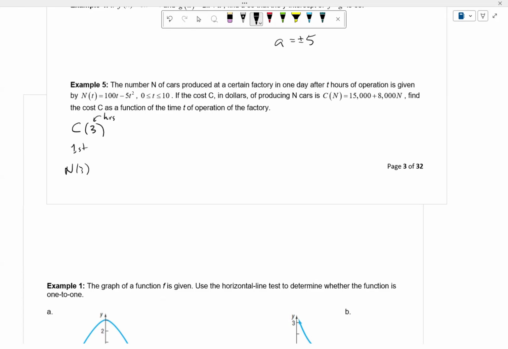Exactly. First you find n of 3, and then you would put that into C. So it'd be C of n of 3, right? So that's a specific hour. So considering that, what do you think we're going to have to do now? You just did that in your head? Amazing skills.